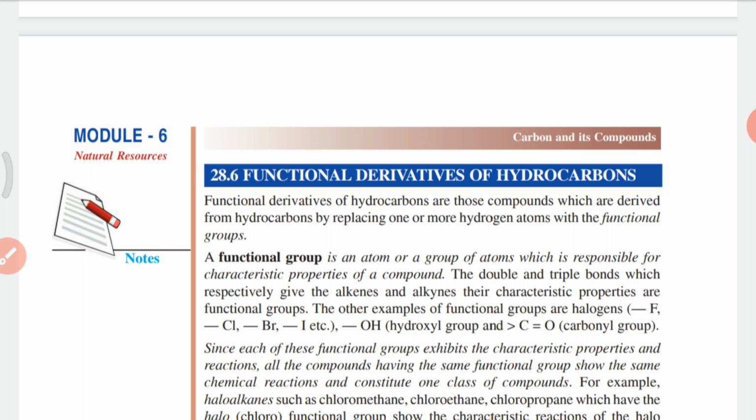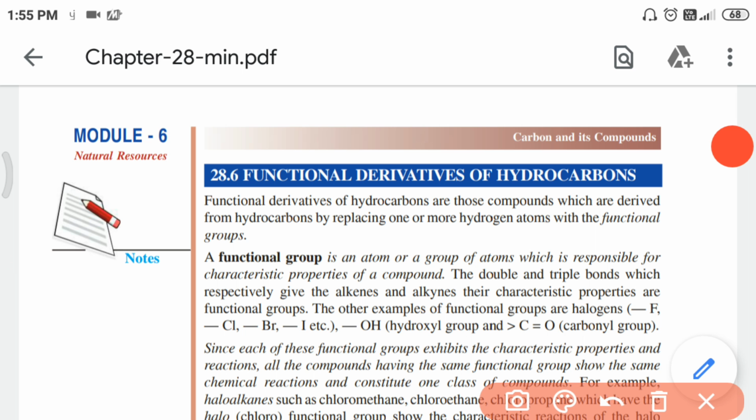So by adding these atoms, the carbon compound changes its properties. For example, this is methane.